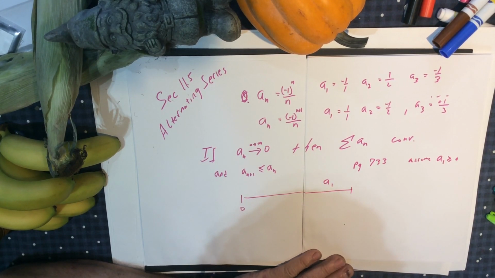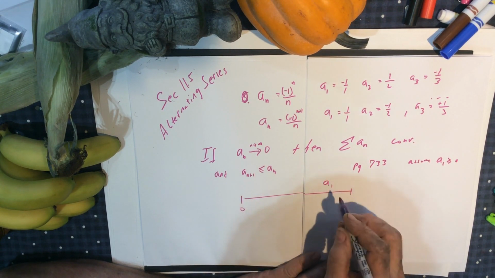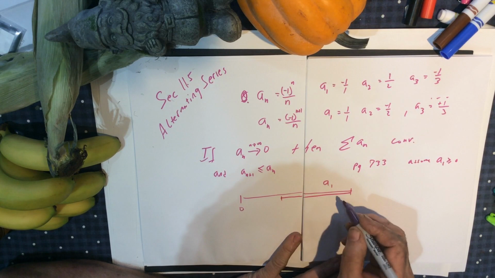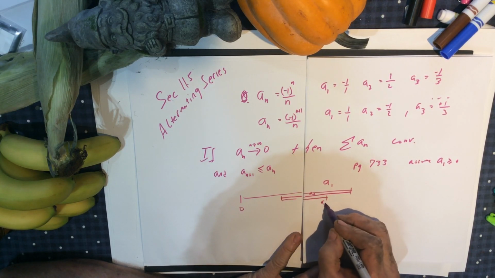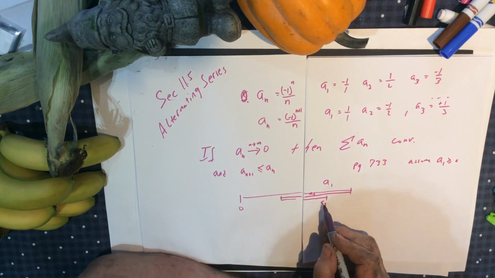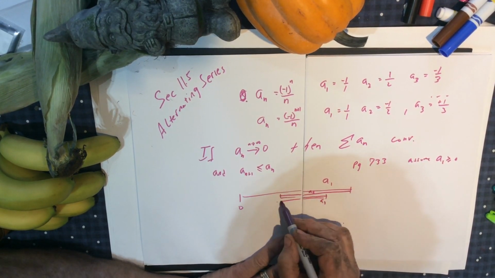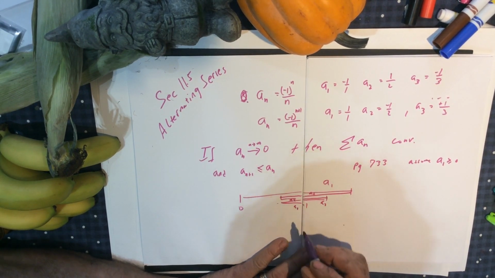Now, since the next term is negative and smaller than that, we're going to come here, and then we're going to go back a2 to a3. So going down and back. And now we're going to do this again, down and back, with a4 and a5.